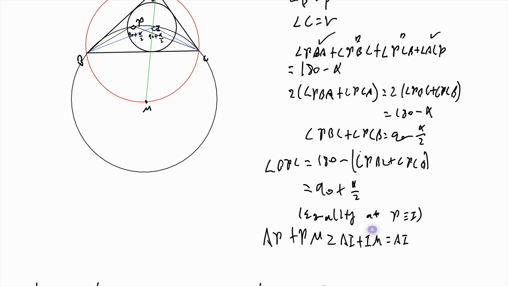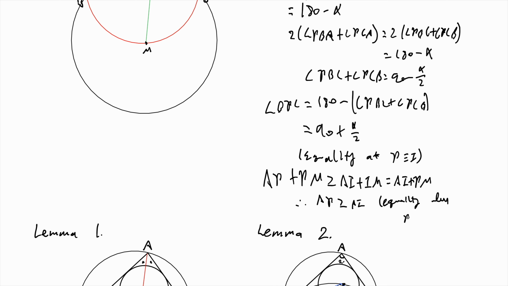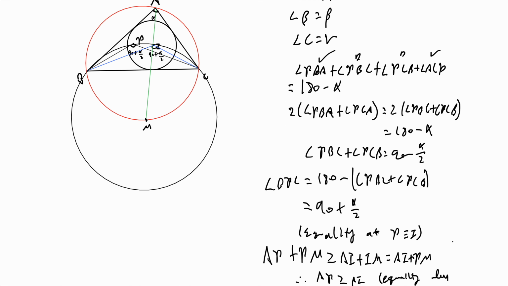So it's equal to AI plus PM. Therefore, AP is greater than or equal to AI, with equality when P is congruent to I. Yeah, that completes our proof.